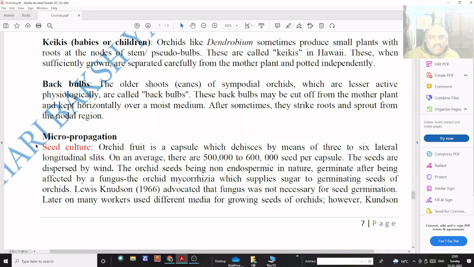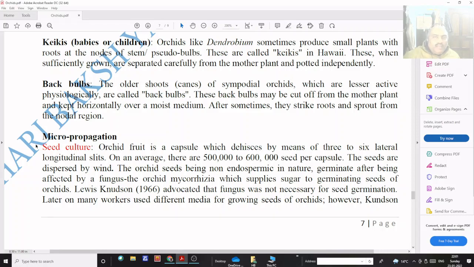He clearly indicated that due to the lack of endosperm, that is food material of any seed, the seed fails to germinate. And he provided a medium for the germination of orchid seeds, and that medium is known as Knudson seed medium.